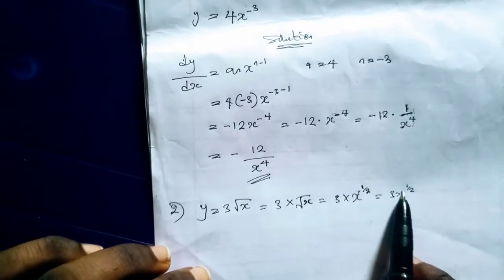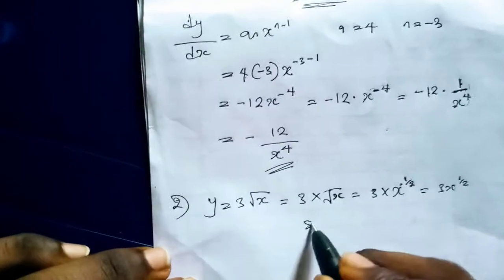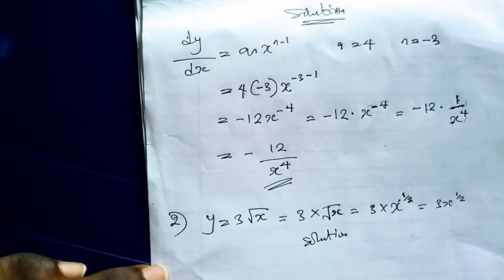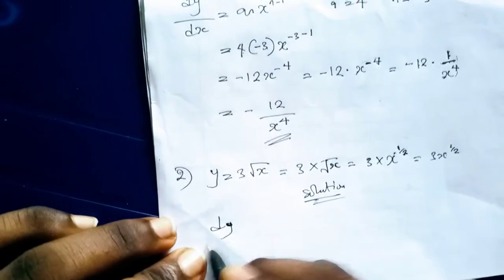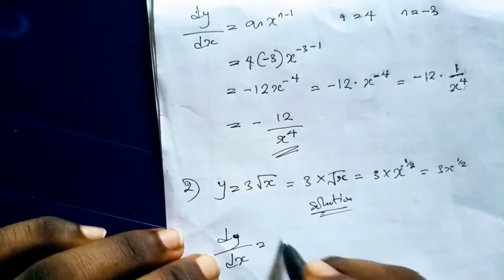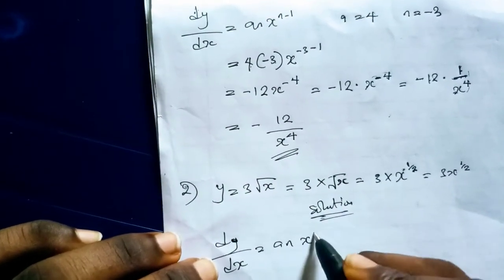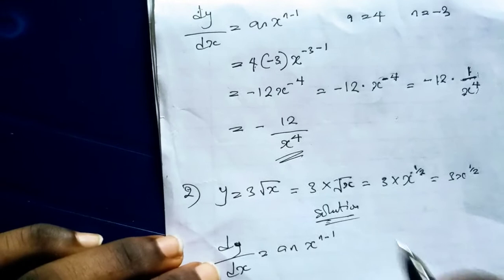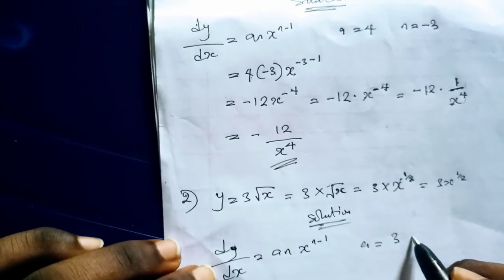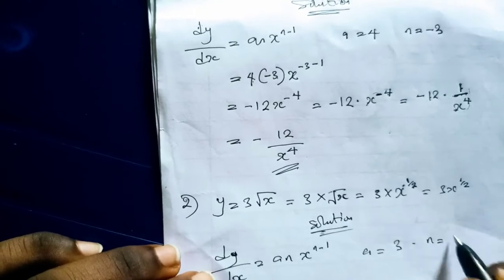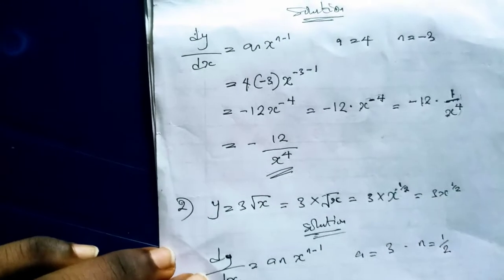And now you see, we can work it out by saying that our derivative, dy/dx, is equal to anx^(n-1), where our a is equal to 3 and our n is equal to 1 half.